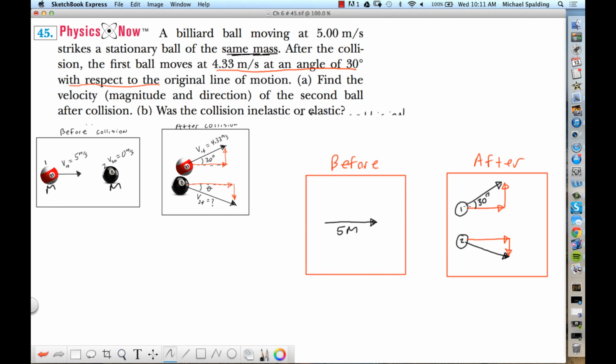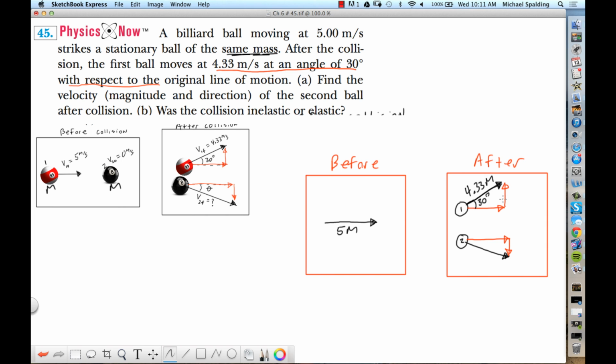So what would this momentum here be? Now we're talking momentum. If the velocity of ball 1 is 4.33, what would its momentum be? 4.33m, right? Because momentum is just the velocity multiplied by mass. Okay, guys, can we figure out the X momentum and the Y momentum for ball number 1?